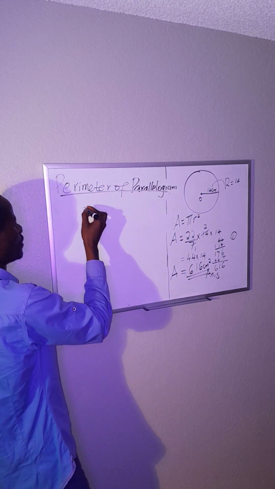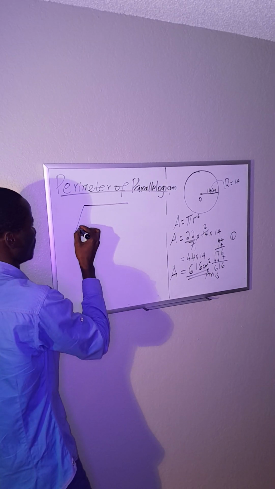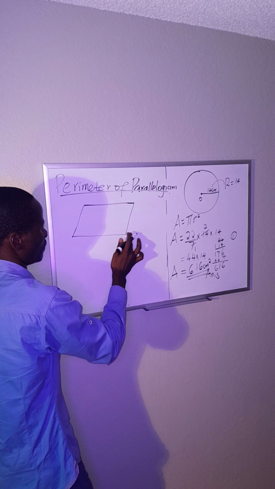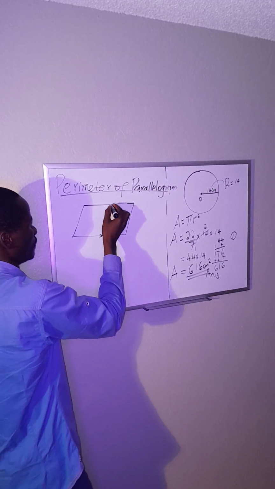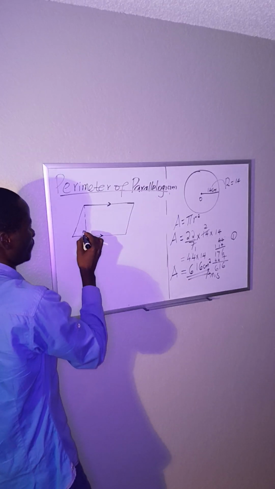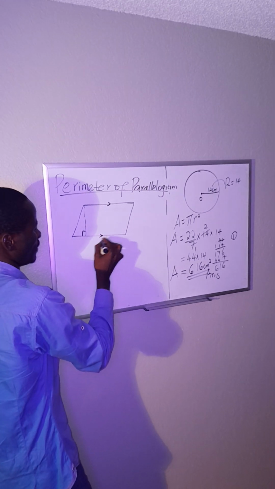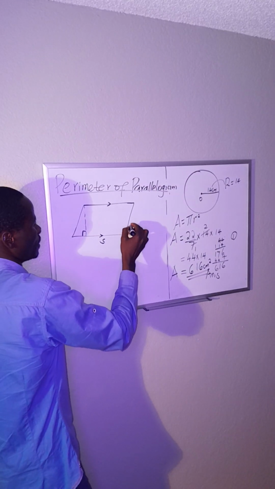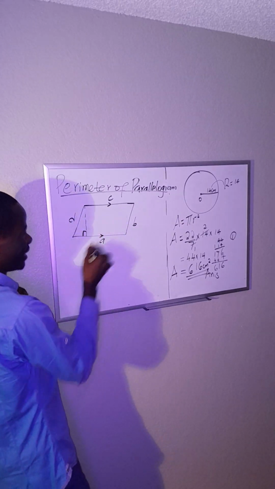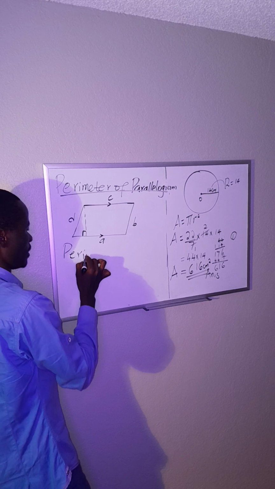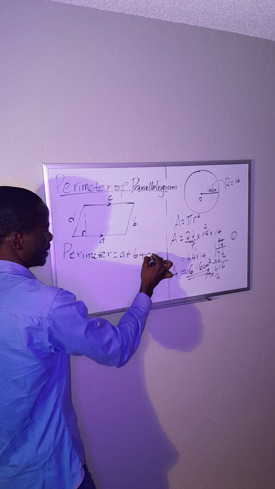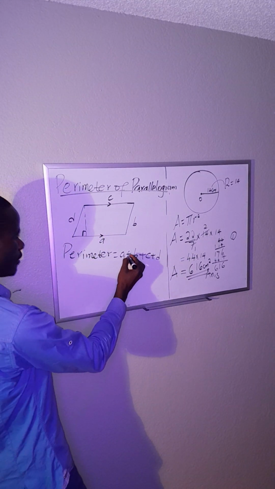A parallelogram will always look like this. If I have this side as A, we call the sides A, B, C, D. If I'm looking for the perimeter, then I add all the distances: side A plus side B plus side C plus side D. Add everything.